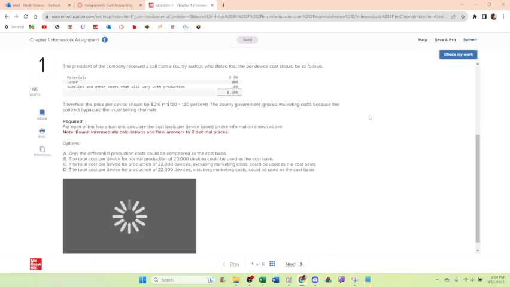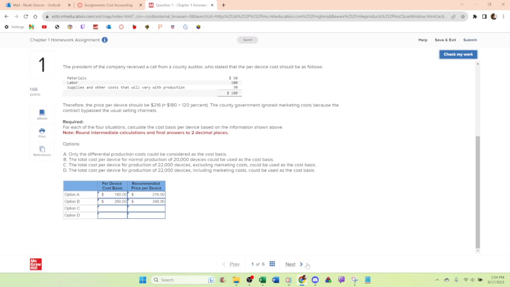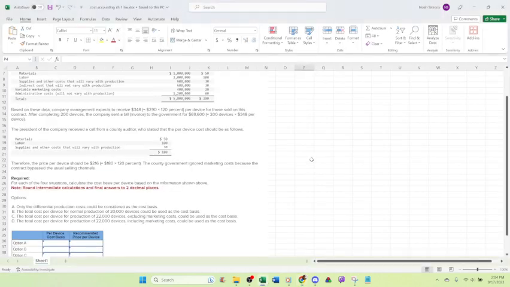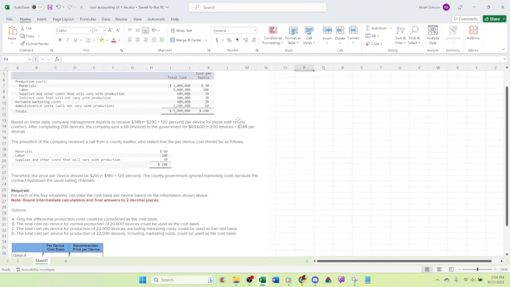Yes. If you say that you do the total cost minus marketing costs, that means you would not include marketing costs, but you would include administrative because it says total cost. And when I did total cost for B, I did include administrative.